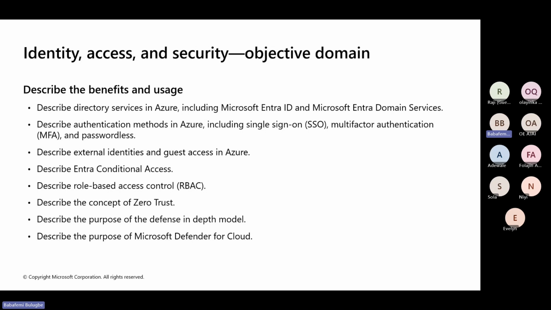When I say a token, some numbers will be sent to you. It might not be numbers, it might be a combination of numbers and characters. And you are instructed to put in that particular token into the application. Then when you have that token in there, you will be allowed to sign into the application. That means you are signing in without a password. That's what we call passwordless authentication.